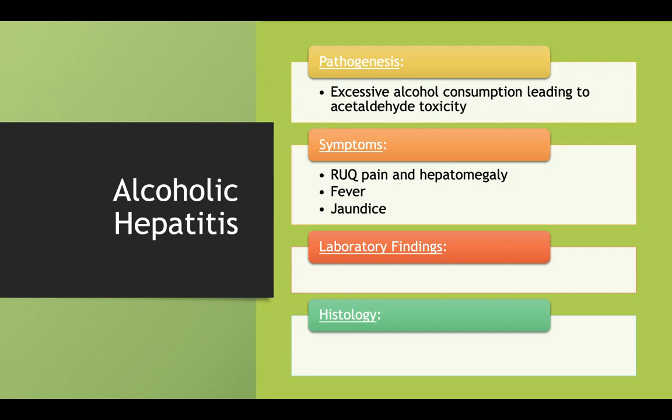You can also get jaundice. Similar to the other alcoholic liver disease, you're going to have that classic AST to ALT ratio of greater than 2-to-1. And then on histology, you're going to have those same Mallory bodies and macrovesicular fatty changes that we just saw in alcoholic liver disease.